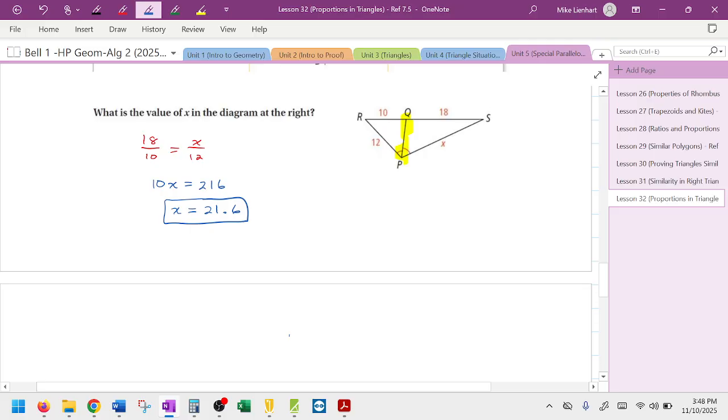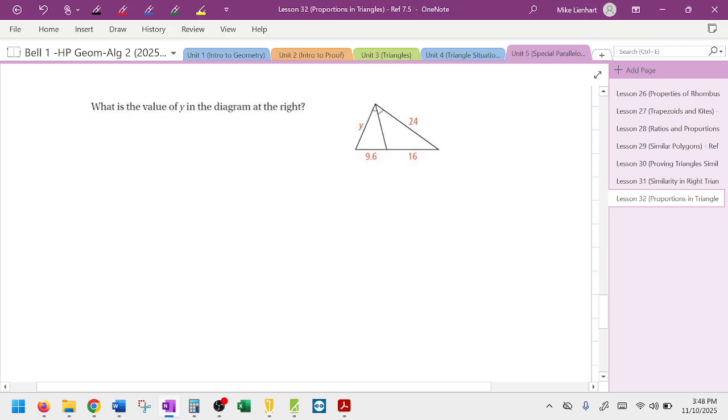Okay? Are there variations of the proportion that I could write? Yes. There are variations. Are they going to be equivalent? That's what you got to make sure of. So I'm following the theorem literally. Okay? Let's try one more here. I recognize this is an angle bisector.